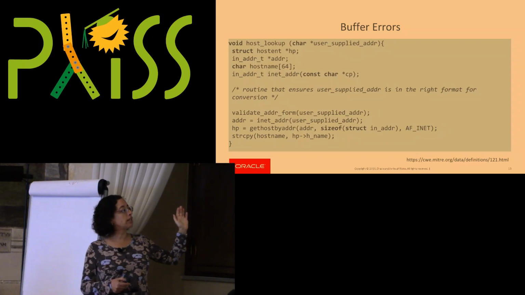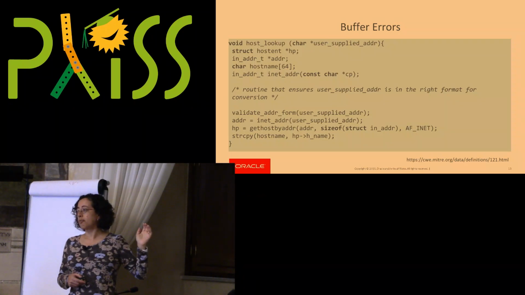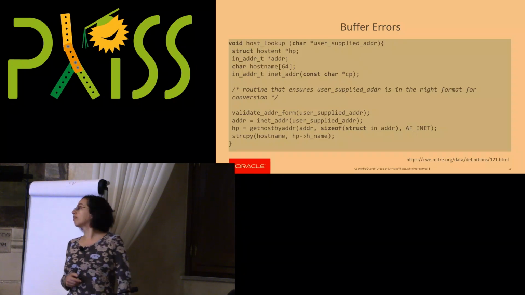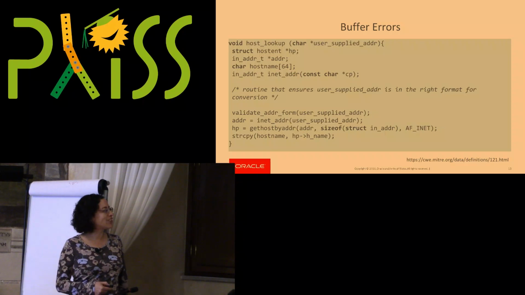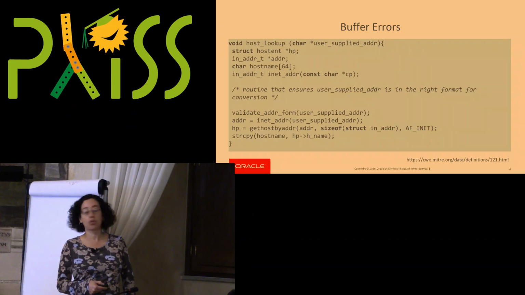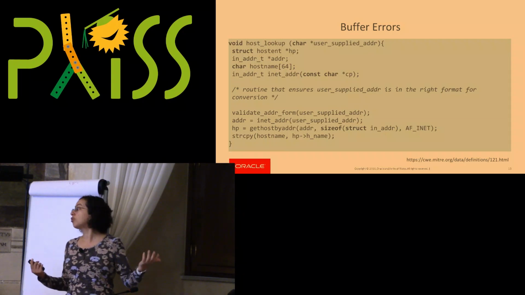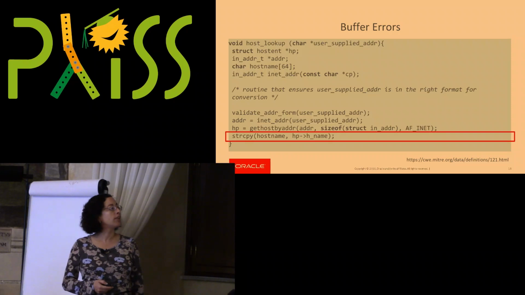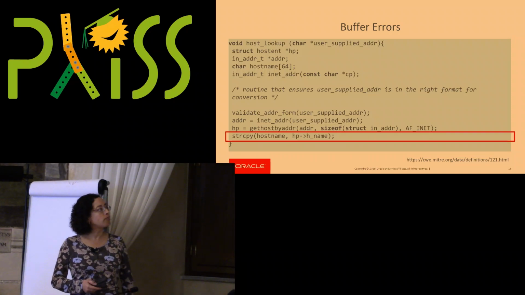Can anyone spot it? Right, yes, the string copy down here, right? We have our 64 character array, and there's no check as to what we're copying into it. So this other string may be larger than 64 and no check was done. So we may overflow, right? So that's the issue there.